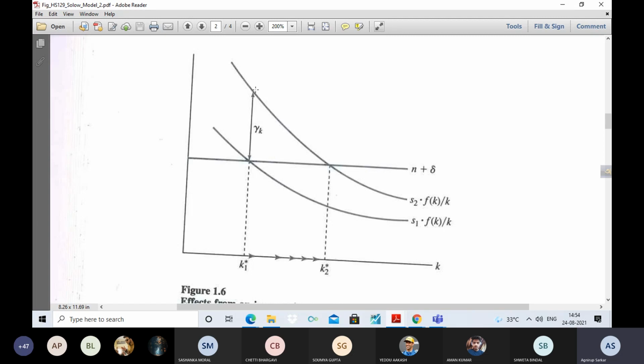Because in this rather simplistic setup, physical capital accumulation happens through investment. Whatever you're saving is entirely channelized into investment, right?